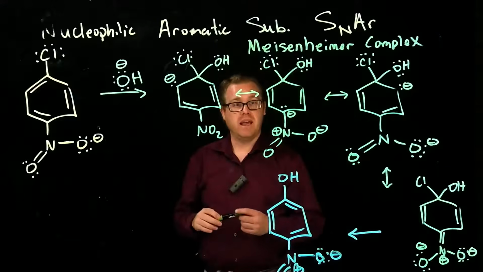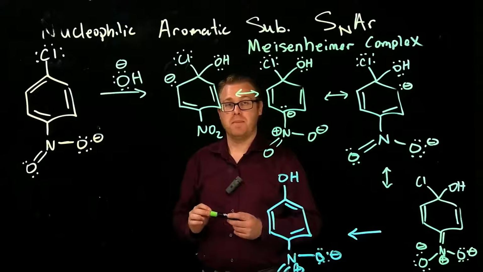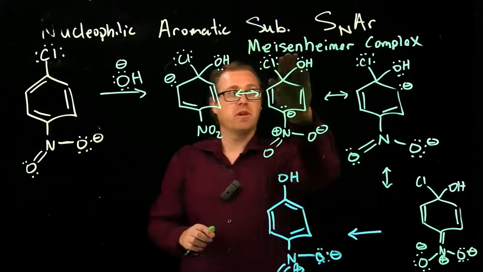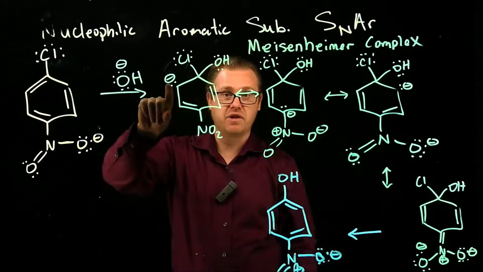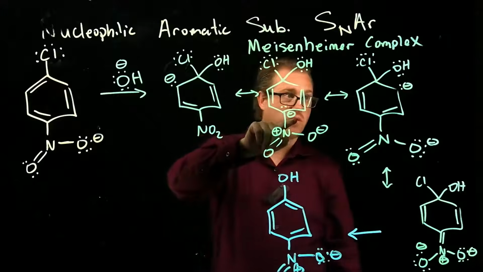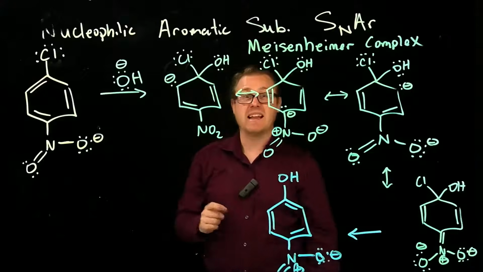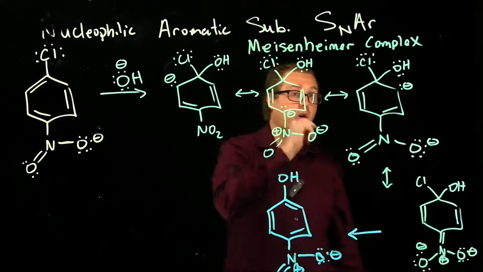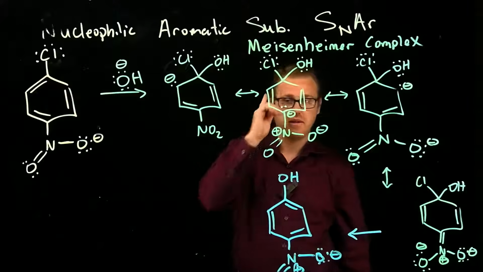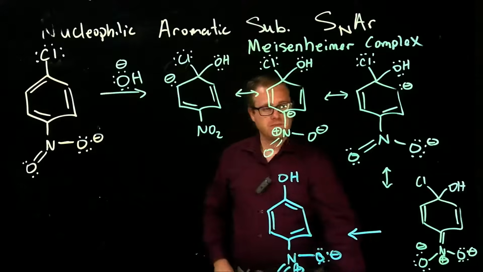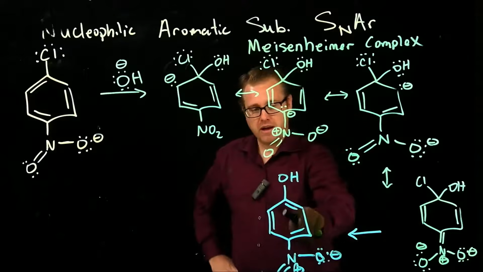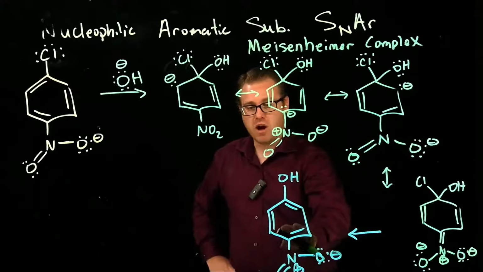The big difference is that the Meisenheimer complex has a negative charge going through the ring, whereas the sigma complex had a positive charge going through the ring. And then here in blue, that is our product.